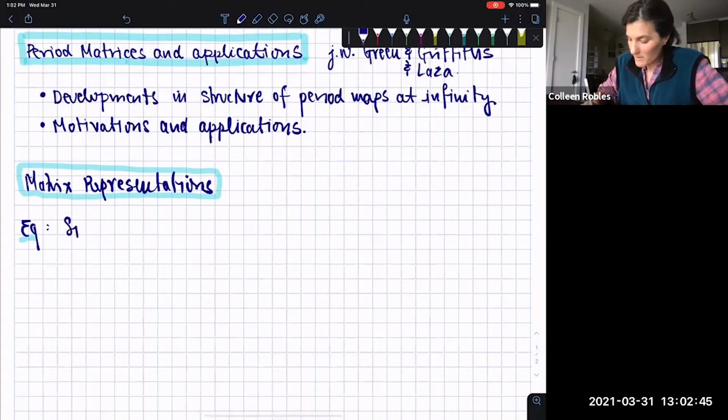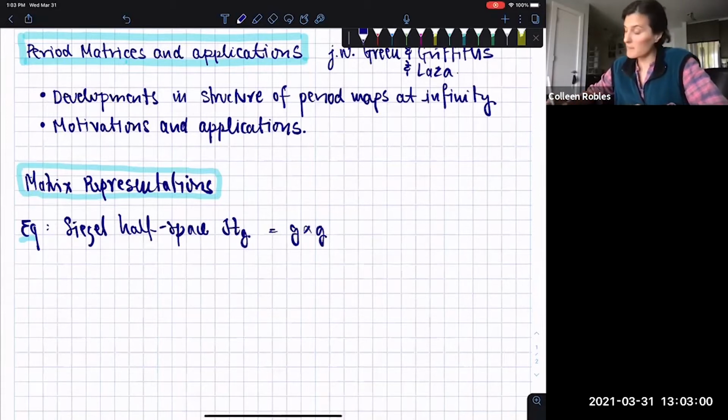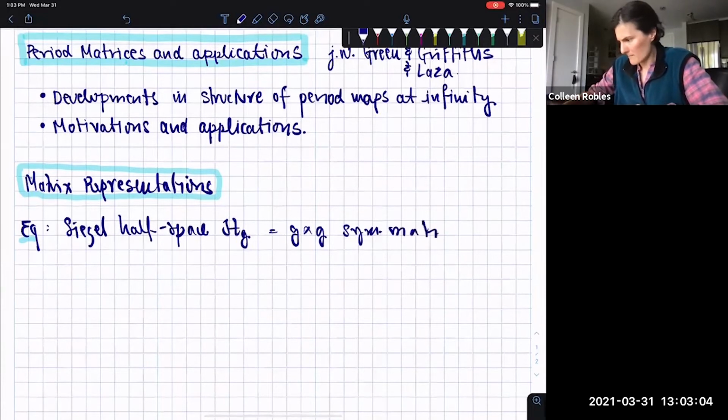So as we've already discussed, the Siegel upper half space H_g is the collection of all g by g symmetric matrices with complex entries and with imaginary part positive definite.